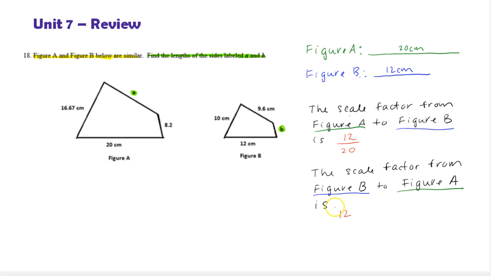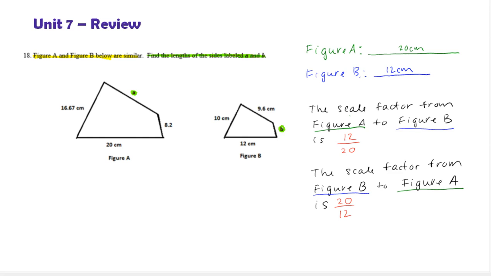That would give me 1, so I put that in the denominator, and I multiply by 20. And again, what I usually do is I look at the two numbers. If I have a value here and I want to go to the bigger figure, I want to multiply by a number bigger than 1. So the numerator should be bigger than the denominator. That's just another good way to double check.